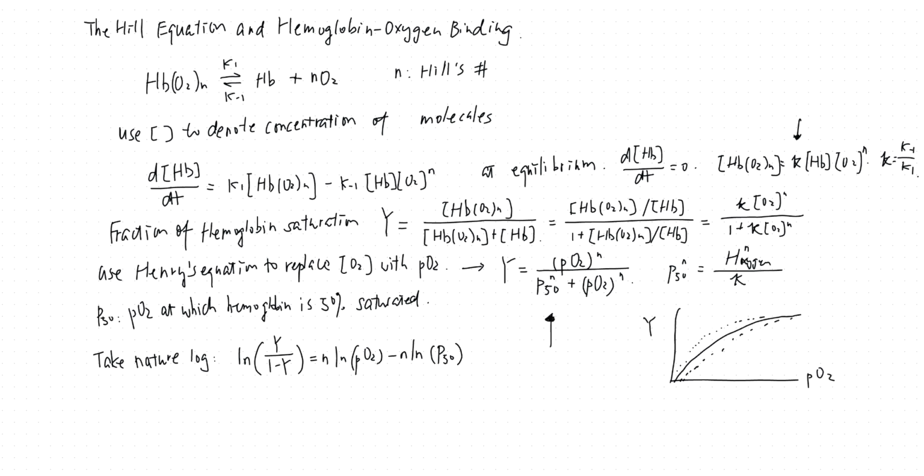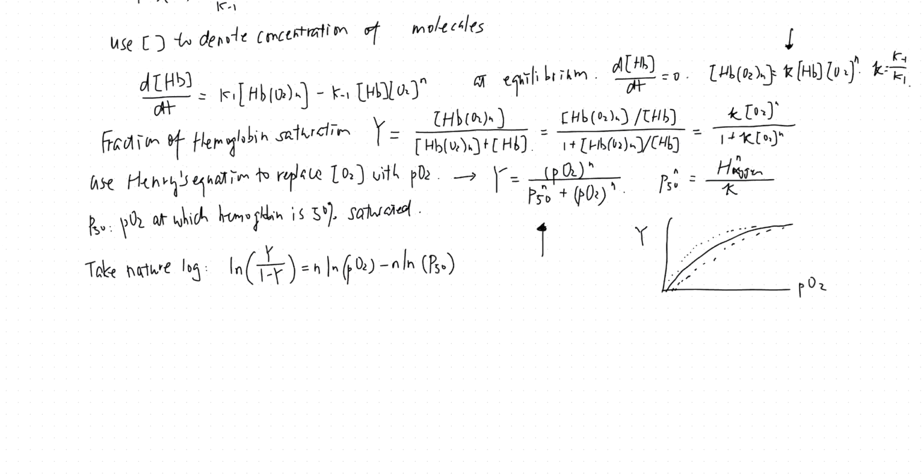So now if you plot natural log of this versus natural log of CO2, then you would get a straight line, and this slope is equal to n.